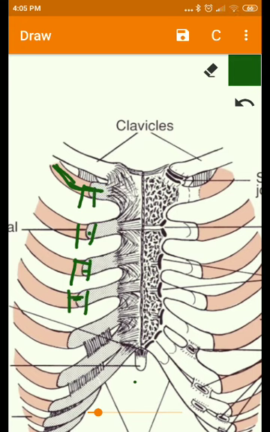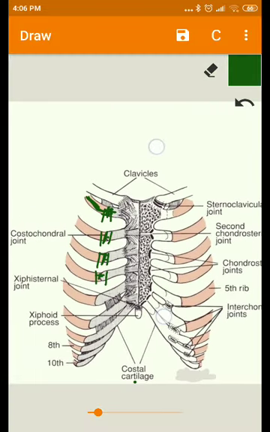No movements are permitted at these joints. So here no movements are taking place. This is called the costochondral joint, and remember that no movement takes place in the costochondral joint.